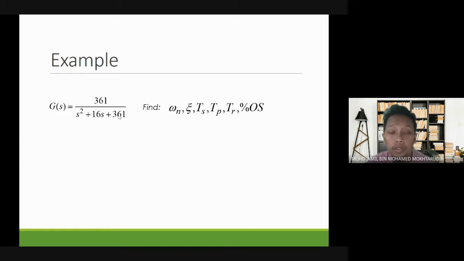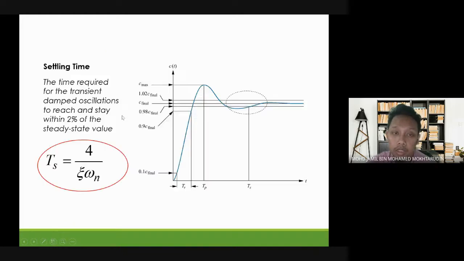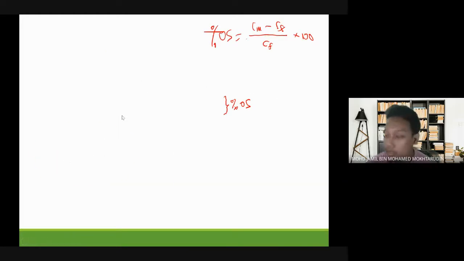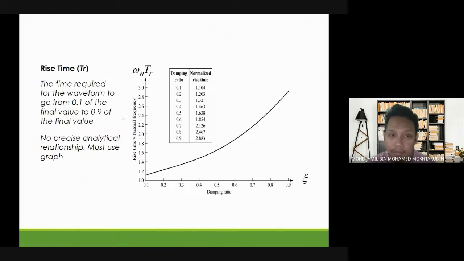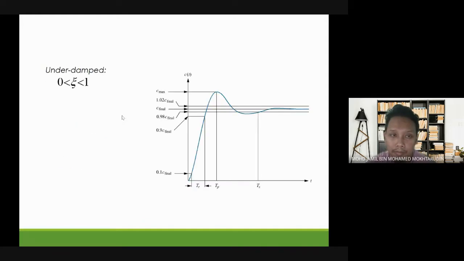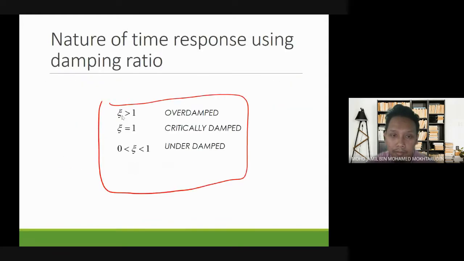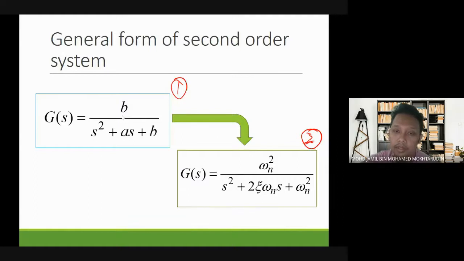Okay, so firstly, we can find omega n and damping ratio by looking at the denominator. So omega n squared equals 361. So from the formula previously, okay, let's write this down.